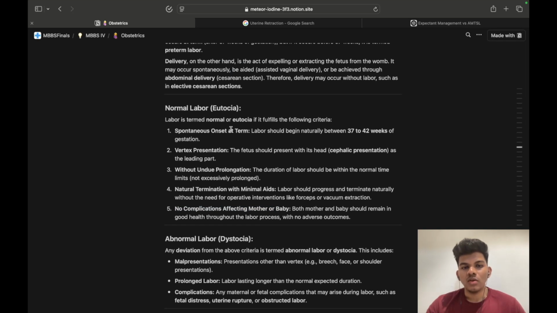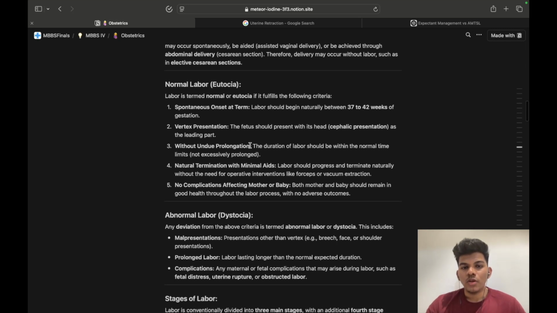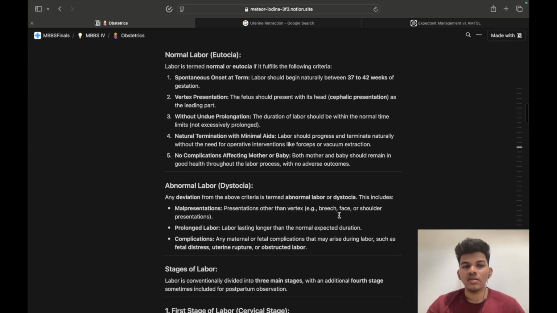First, spontaneous onset. Labor should begin naturally between 37 to 42 weeks of gestation. The fetus should present its head, cephalic presentation, as the leading part. Without undue prolongation, there is a specific duration, so if it exceeds that, it is prolonged.